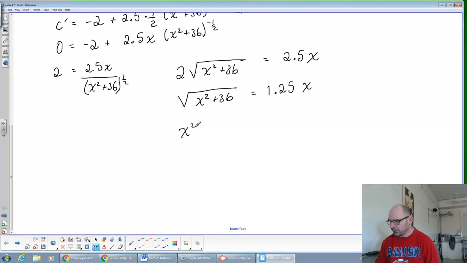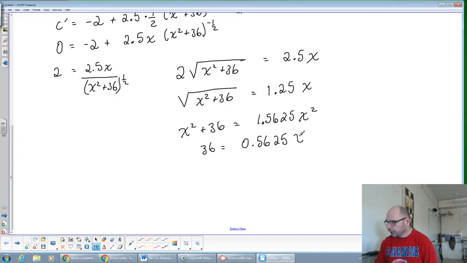So you get 1.5625 x squared. Bring the x over to the other side, subtract it from both sides, divided by that number.